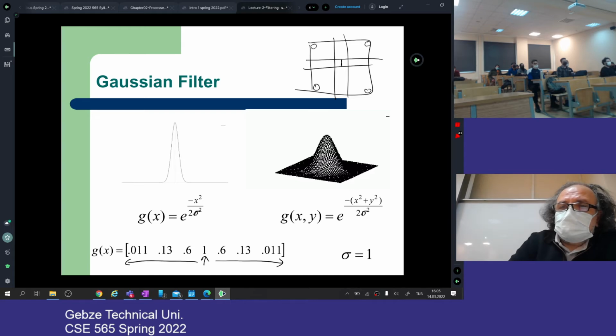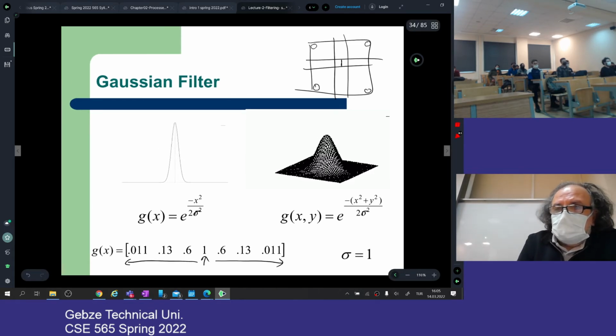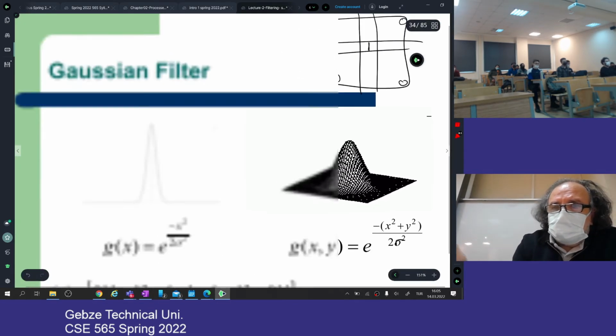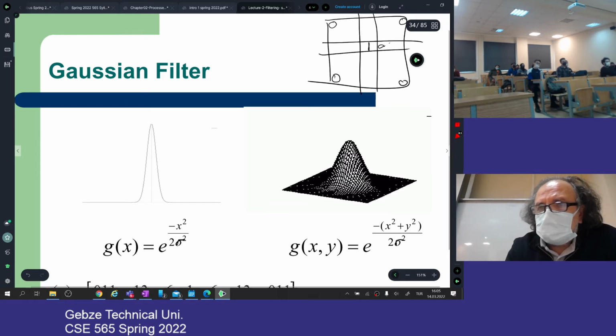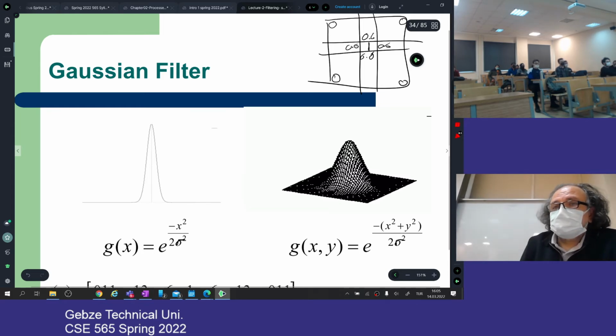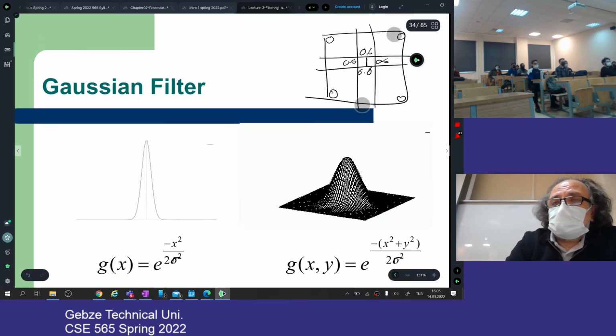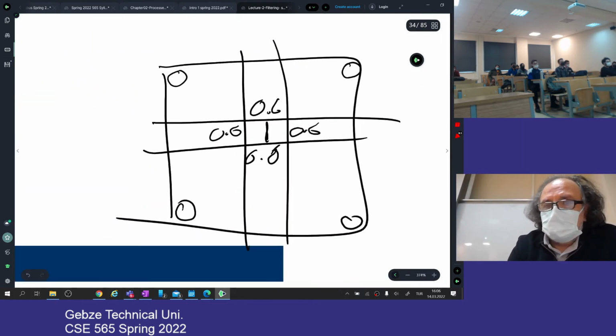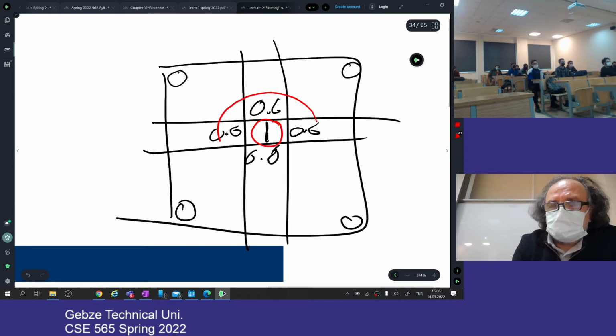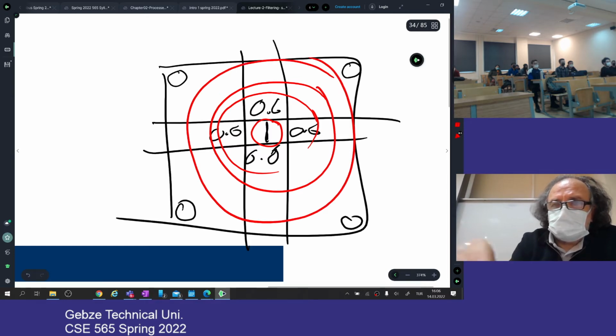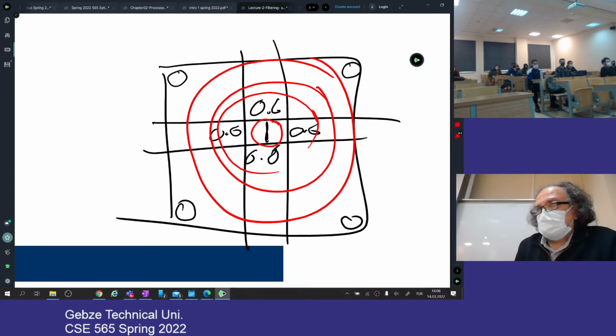At the center it is going to be high, and maybe this will be 0.6 here, 0.6 there, 0.6 and 0.6, and it gets smaller and smaller. So it gets smaller radially: at the center it is the largest, then smaller, then smaller, then smaller. At the corners it is the smallest.